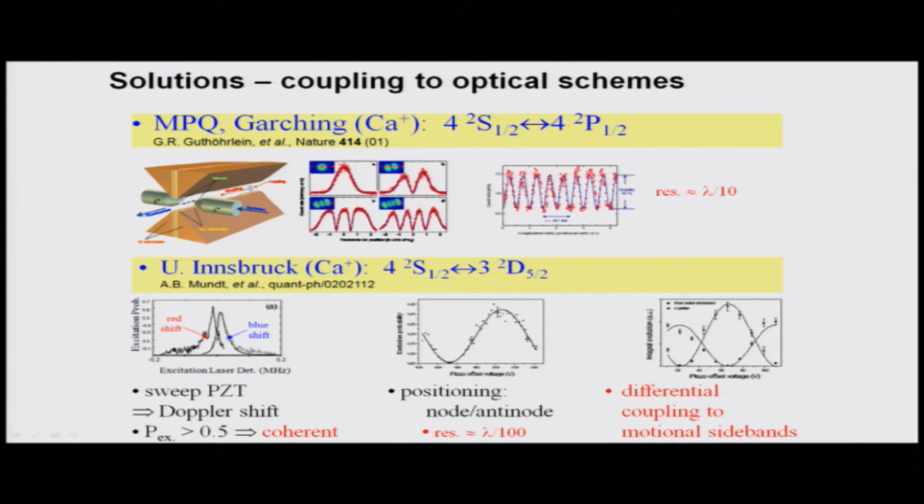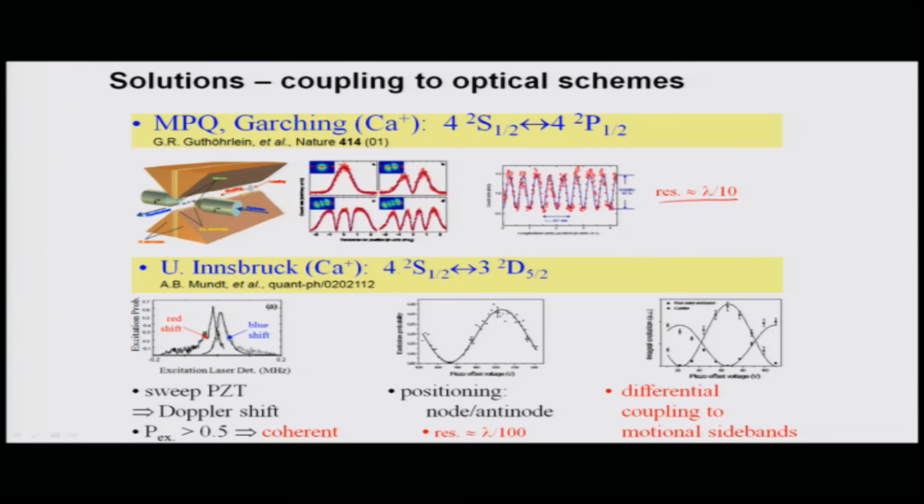The Max Planck Institute of Quantum Optics in Garching used a calcium ion as their trapped ion, and they were able to address the calcium ions using optical light sources. The resolution was limited by how far apart these ions could be put, and so the resolution there is about lambda over 10, which is quite a good resolution.